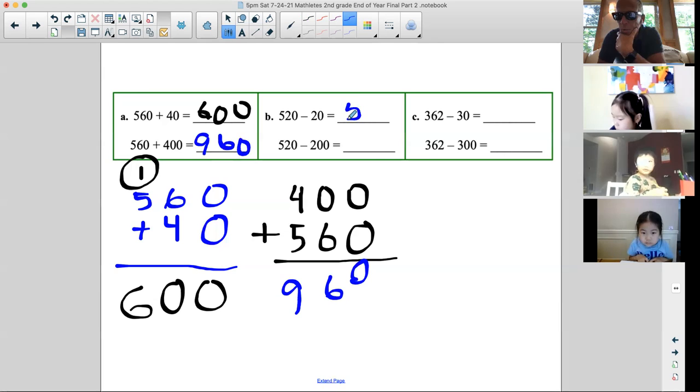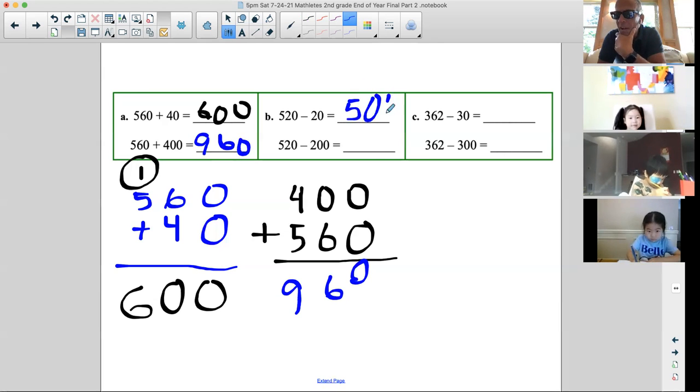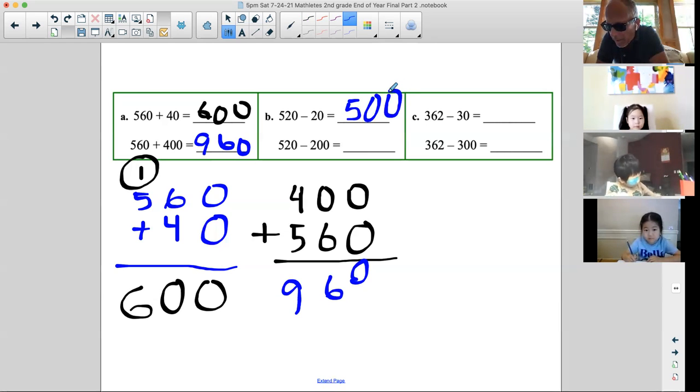That's right. We just have 500. Now, what if I do 591 minus 91? 500. 527 minus 27 is 500. 500.